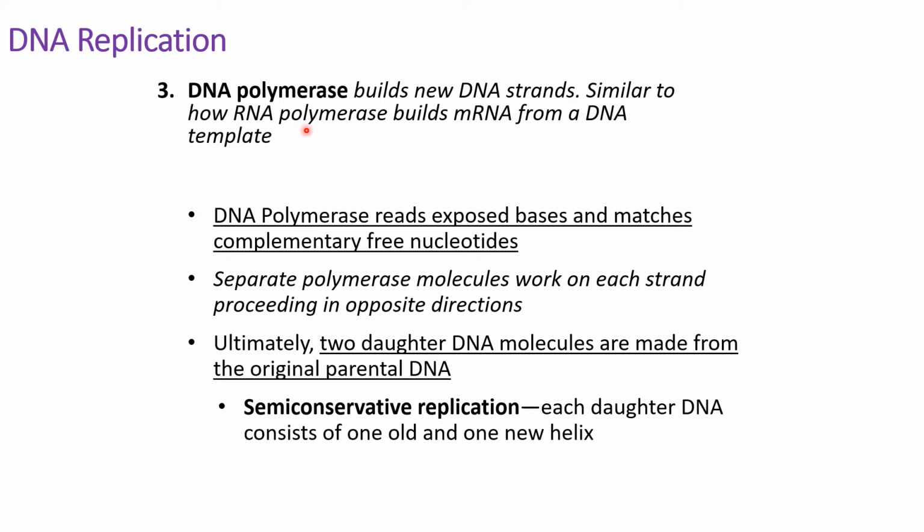Remember, when we talked about transcription back in part 1 of this chapter, I mentioned how RNA polymerase is basically going to build an mRNA strand based on a DNA template, right? So RNA polymerase copies the DNA, forming a complementary strand of the genetic code, and we call that mRNA, messenger RNA, which will eventually leave the nucleus and go out and do other things.